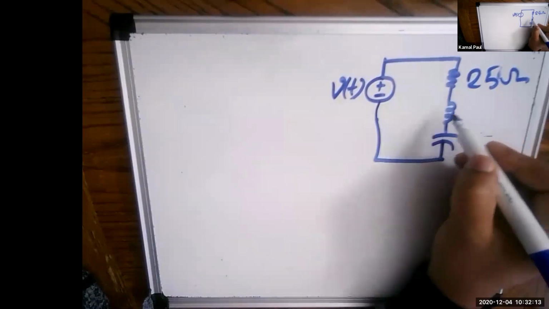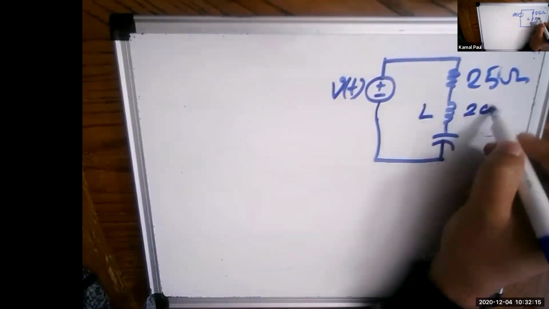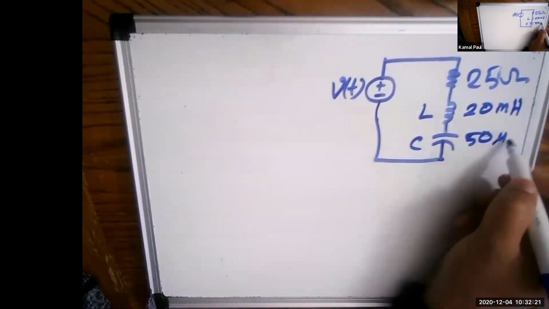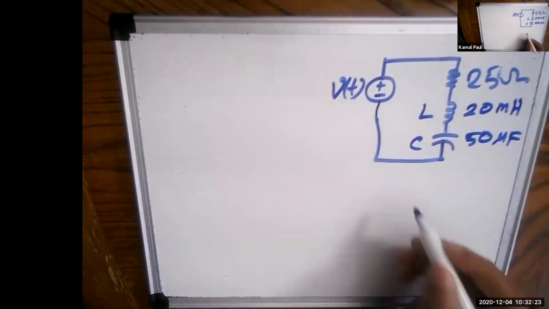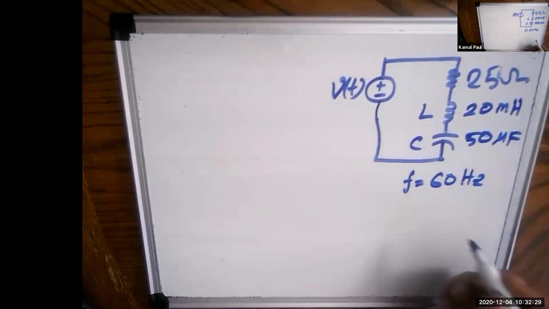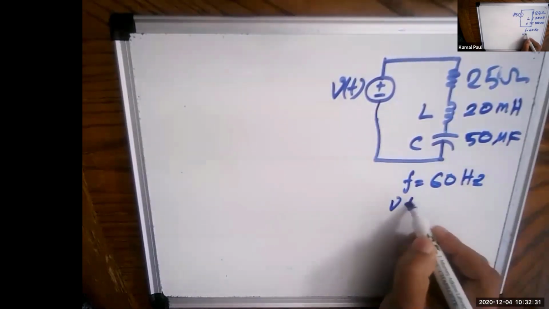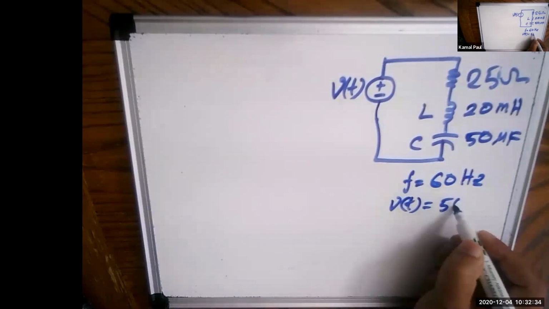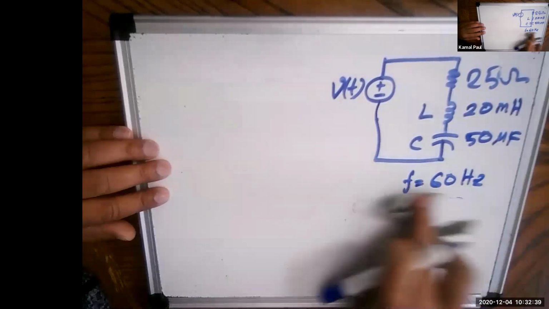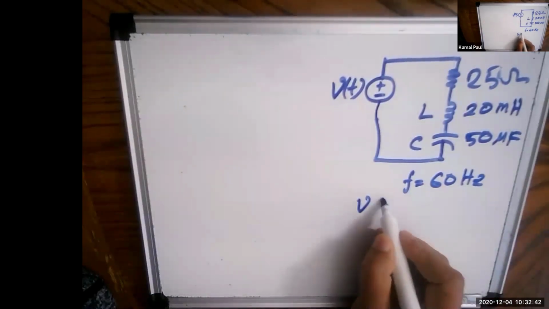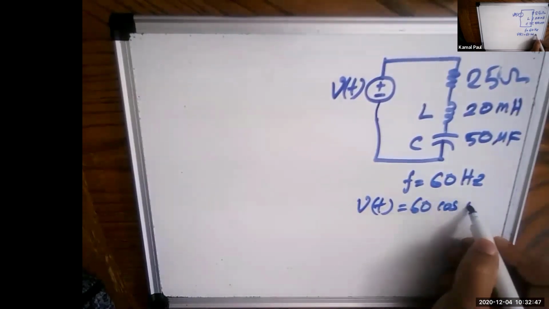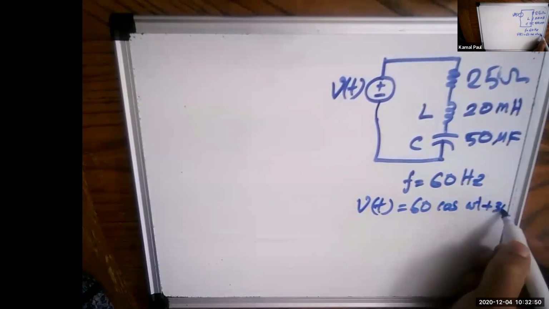Anyway, this one is 25 ohm. L is 20 millihenry and C is 50 microfarad. Now it is given f equals 60 hertz, and V(t) equals 60 cosine of omega t plus 30 degree.